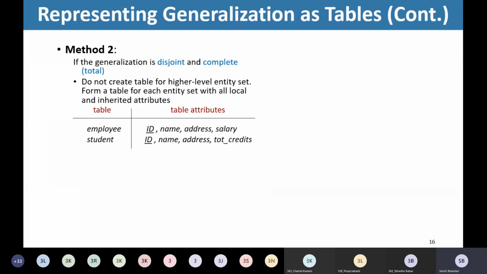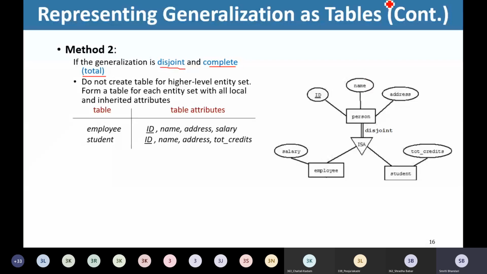Yes. Okay. So let us proceed now with the next method. Second method, number 2. This method is typically used if my generalization or specialization is disjoint and complete or total. So if the generalization is disjoint and total or complete, we need to make use of method number 2.